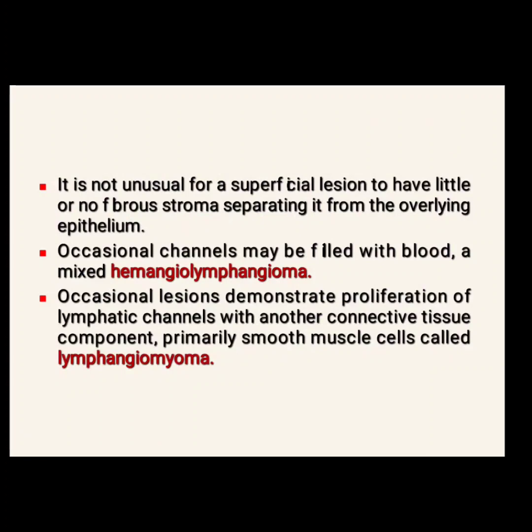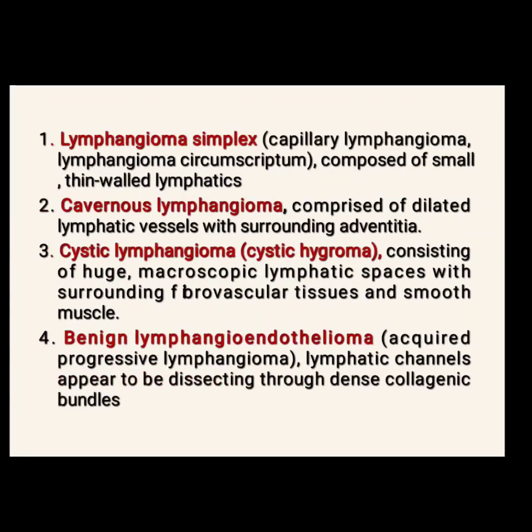Occasional lesions demonstrate proliferation of lymphatic channels within another connective tissue component, primarily smooth muscle cells. It is known as lymphangiomyoma. So if smooth muscles are involved, you can call it a lymphangiomyoma. These are the histopathological types of lymphangioma.